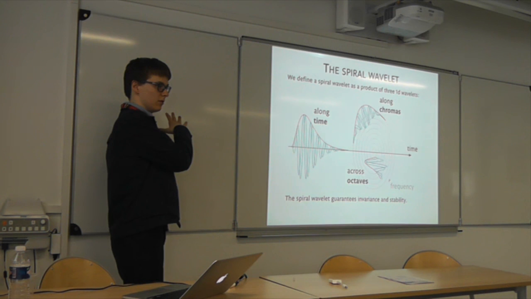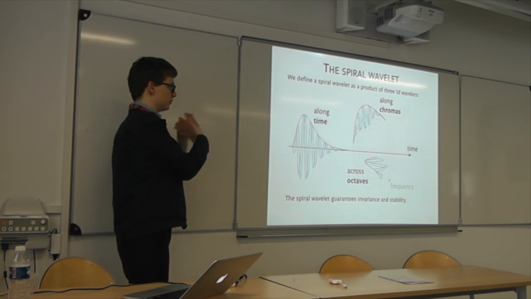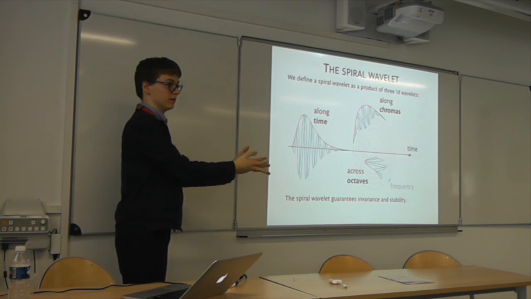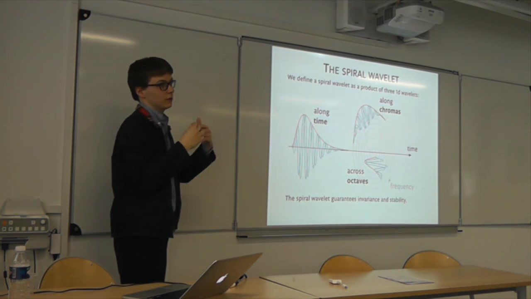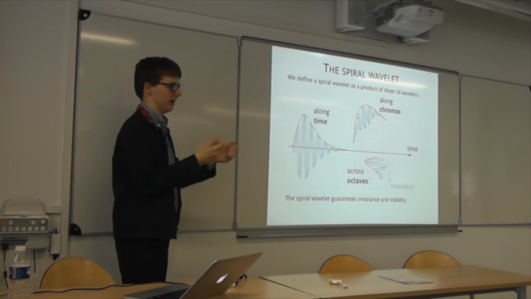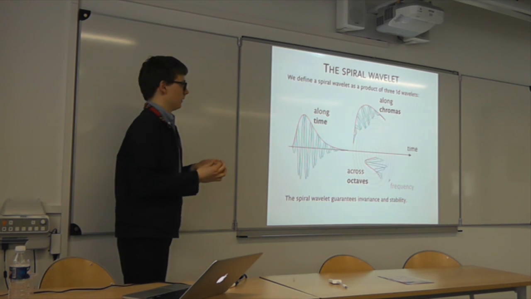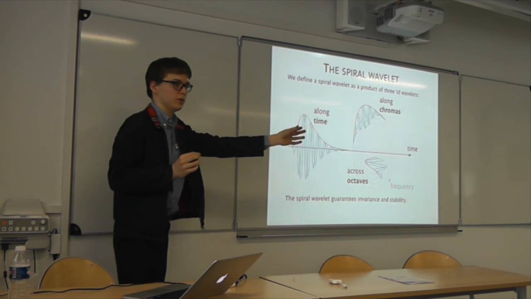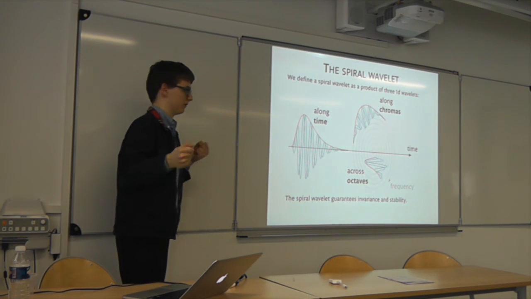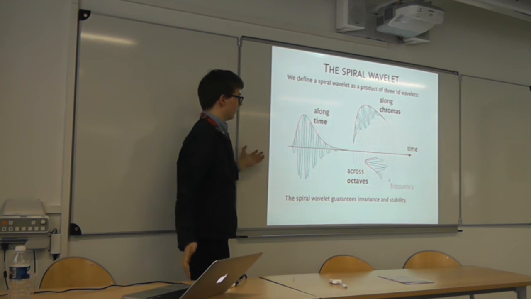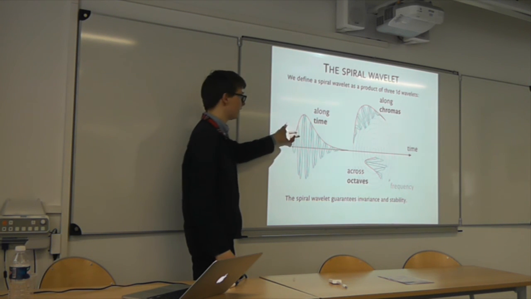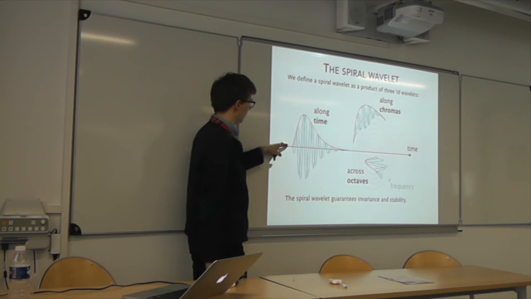going from the standard plane wavelets to the joint wavelets to now the spiral wavelet, we have not discovered, but we have highlighted a third dimension that is not rectilinear pitch, it's not time, it's rather the octave index. So, well, canonically we can define a spiral wavelet as a tensor product of these three.